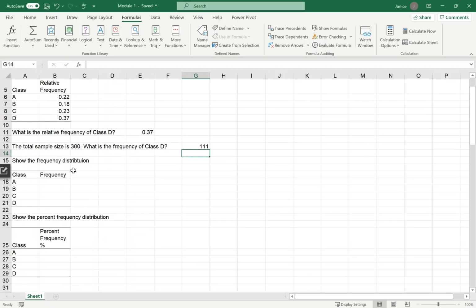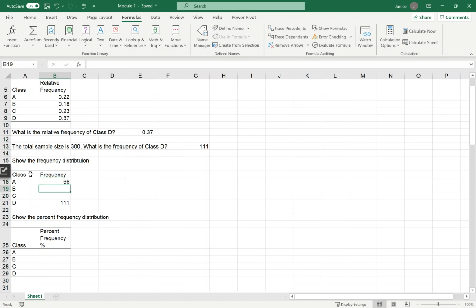Then we're asked to show the frequency distribution for all of these. Well, we know D is 111 already. So A is going to be 300 times 0.22.